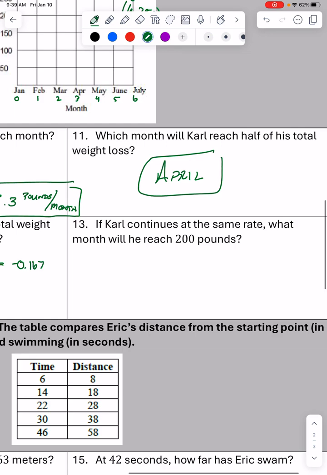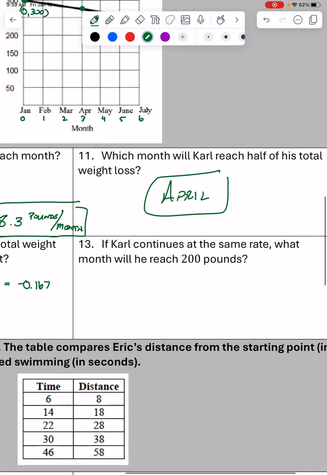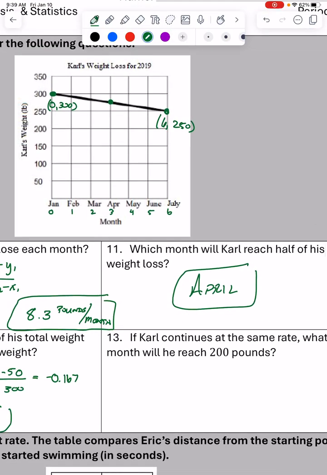If Carl continues at the same rate, what month will he reach 200 pounds? So he is currently at 250, so he would need to lose another 50, okay? And it took him 6 months to get to that first 50 pounds. So if it's the same rate, it's going to be another 6 months, right? So 6 months from July. July, August, September, October, November, December.